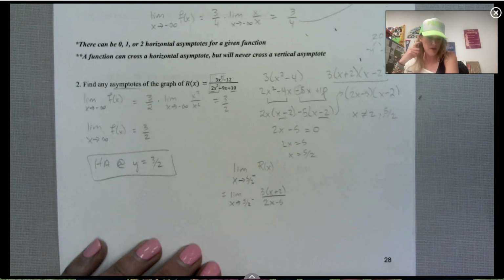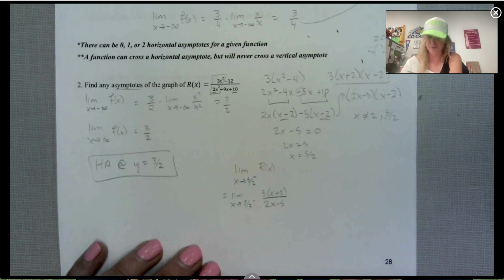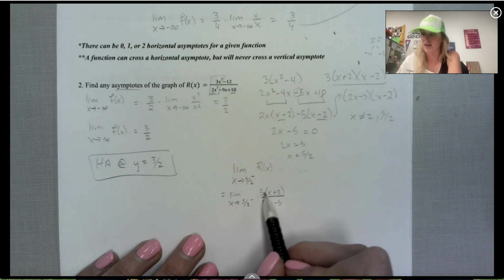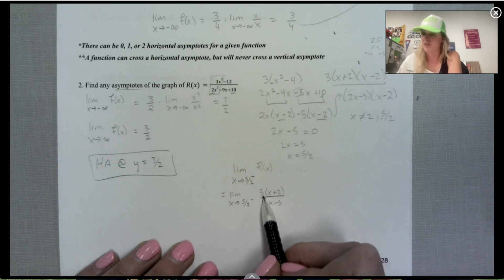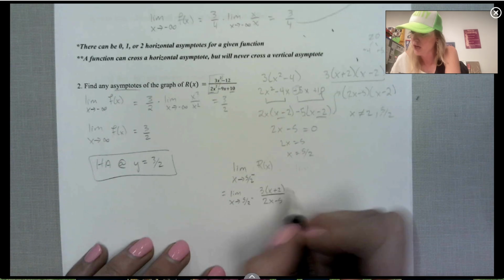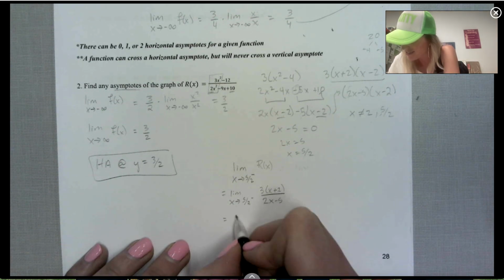If I were to substitute 5/2 in here, I'm going to get a constant. This is 2.5, so 3 times 2.5 plus 2 is going to be some constant number.